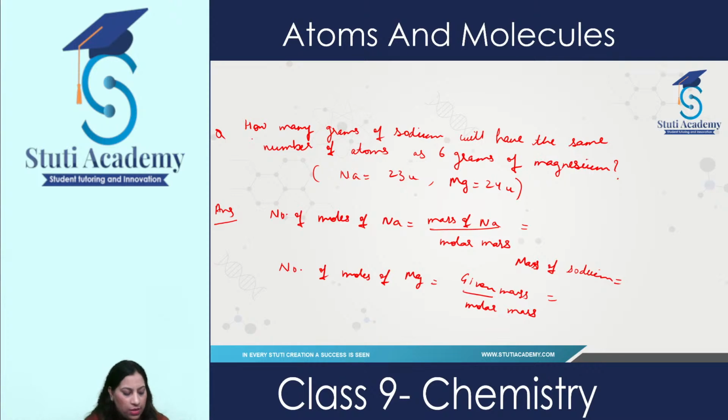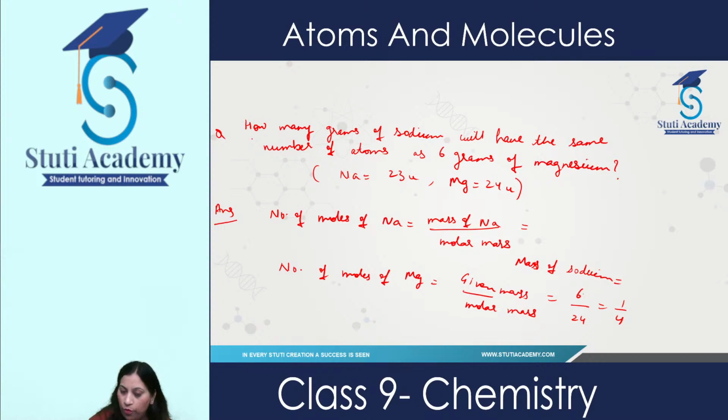Just try to solve this question and write your answer in the comment box. So, given mass is 6 and molar mass is 24, so it is 1 upon 4.